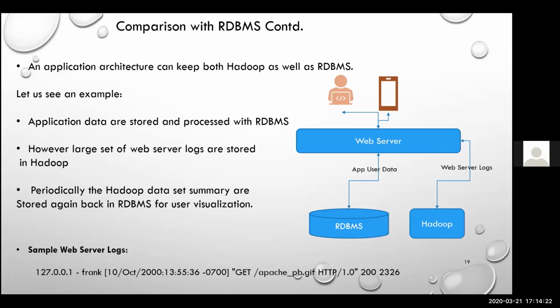Yes, the application UI can also connect to Hadoop. There is a way, but it's easy to connect and store the resulting query in an RDBMS. So this is the way one can think, for a simple case, about how we can use Hadoop.